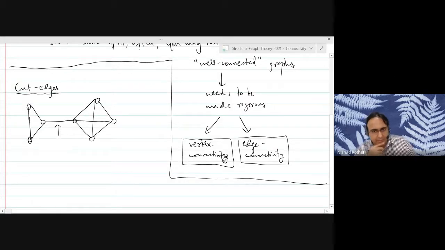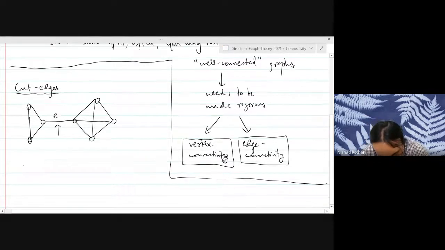So that kind of an edge, we are going to call it a cut edge. So you remove the edge and the graph disconnects if the original graph is connected. To make it more general, we will say that the number of connected components increases when you remove the edge.